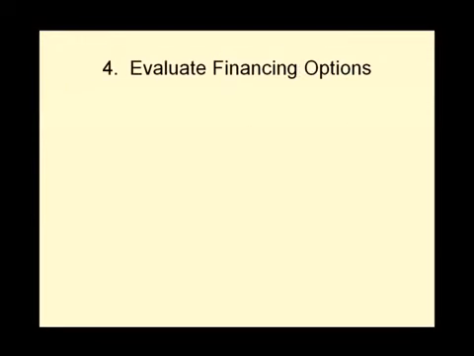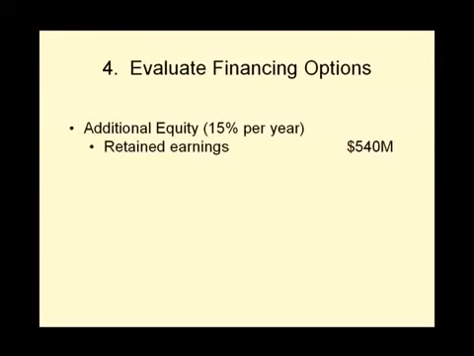The 4th step in the financial planning process is for the firm to evaluate the financing options for the asset requirements that it just specified. In the example that we'll go through, the firm actually determines that it needs additional equity in the form of about $540 million that it hopes to generate from retained earnings.